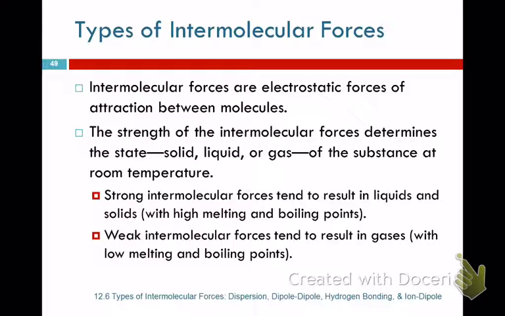Right, we're going to be attracted to each other. So we'll hang out like we're buddies. Like when people say, I'm really tight with these people. It's because their intermolecular forces are so strong, they're always together, and they're like a solid or a liquid, okay?